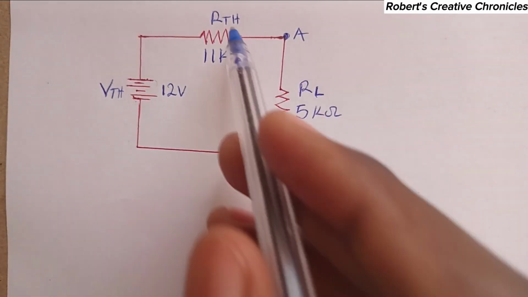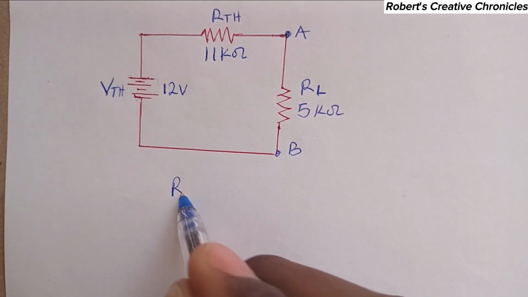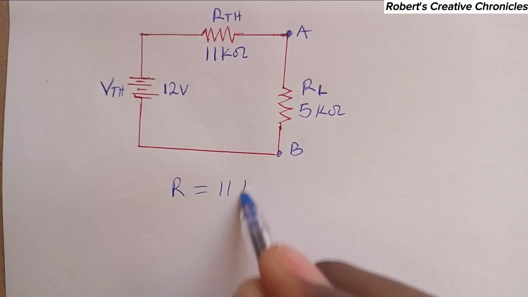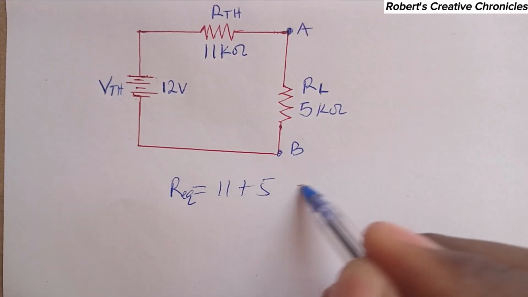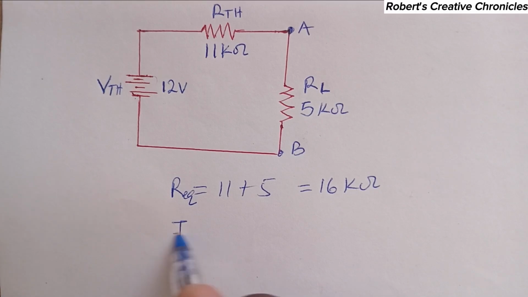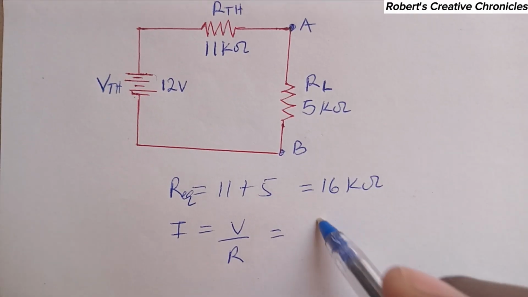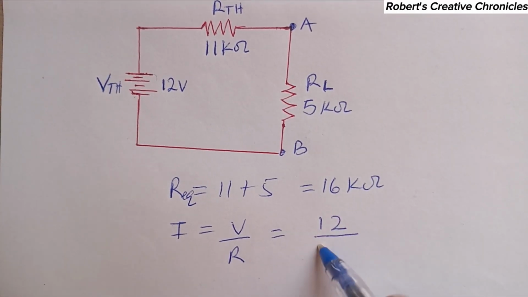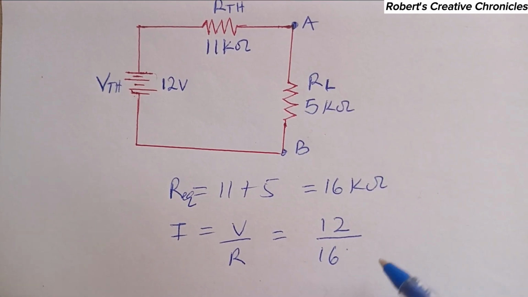So these two are in series. So the equivalent is 11 plus 5, which is 16 kilo ohms. So now current equals voltage over resistance. So this is the voltage 12 over the resistance 16 kilo ohm.